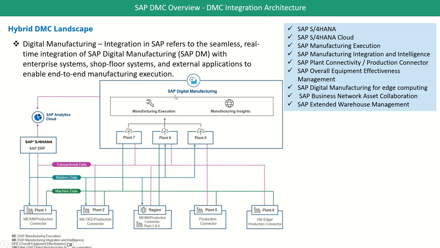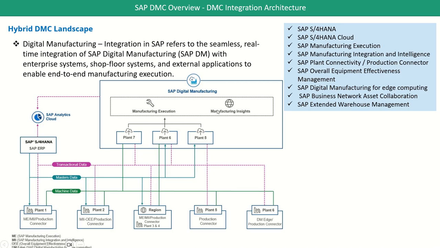Suppose, for example, resource orchestration, where we can schedule or dispatch the resources. That functionality we can use in Digital Manufacturing for your SAP ME that is on premise. That can also be done.